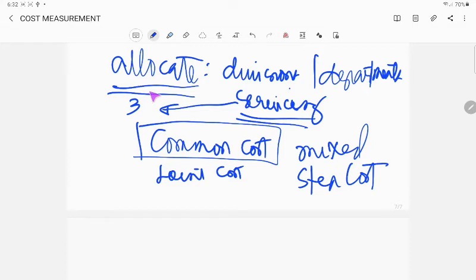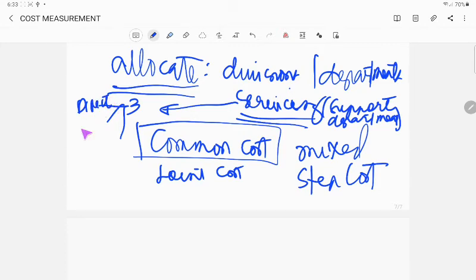Just for you to refresh, the main methods of allocating, o tawag natin, support department, diba? Ano yung mga common methods? So, tatlo yan, diba? You have direct, step, and reciprocal.